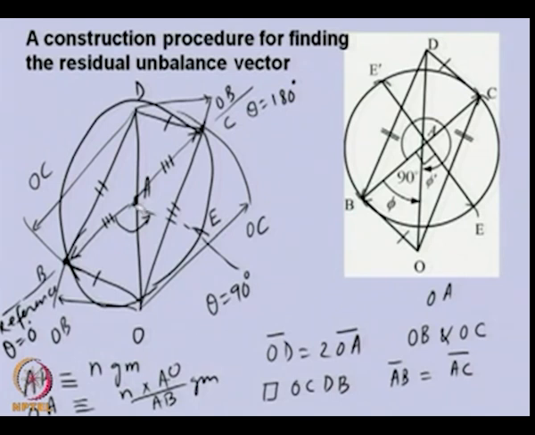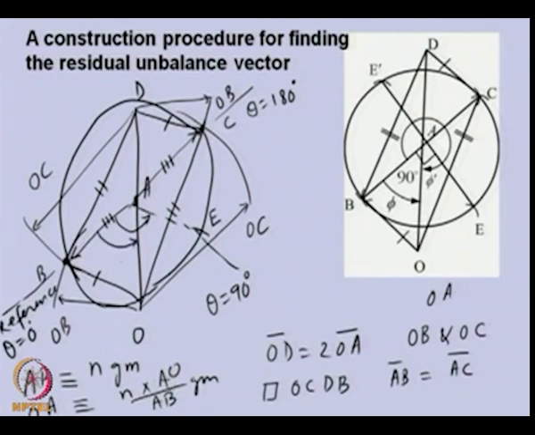So the AO length will give how many grams of unbalance we have, because we know AB is equal to some number of grams. So we can find OA from this relation. Once we obtain the magnitude, the direction will be this one.